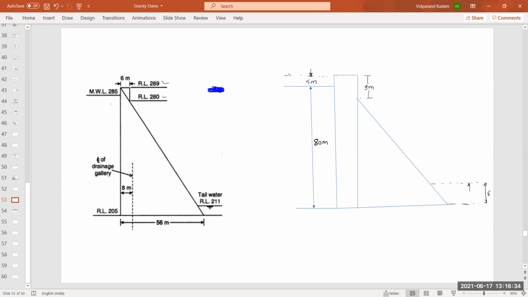Now let us prepare the pressure distribution diagram for the water in the reservoir and tailwater. Let us start with the water in the reservoir. Here the upstream face of the dam is vertical, so that's why its distribution will be a triangular one.